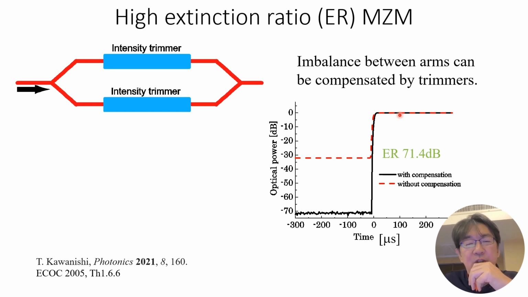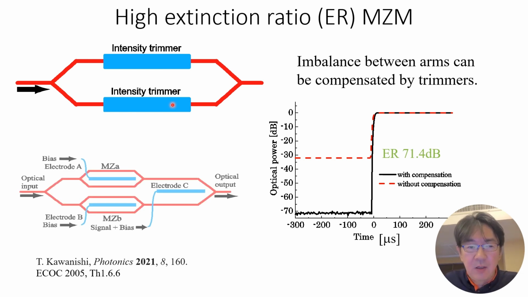But for some particular applications in measurement or something, we need to increase the preciseness of the modulation. Here's an example of the device structure to increase the extinction ratio. The idea is very simple. Just by using an intensity trimmer, we can compensate the fabrication error. By using small Mach-Zehnder modulators, we can compensate the imbalance in the large Mach-Zehnder modulator.